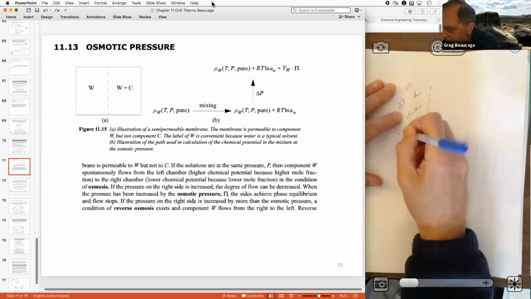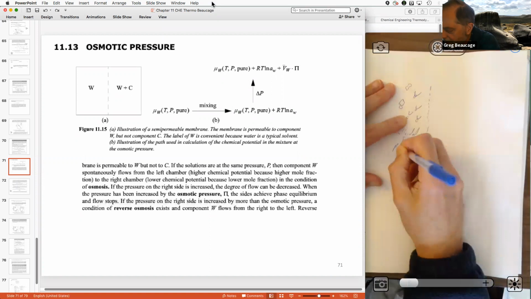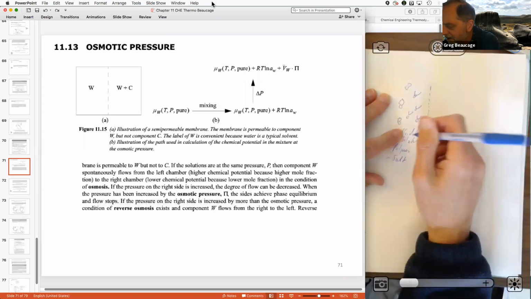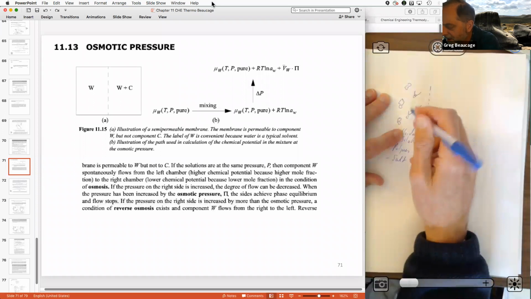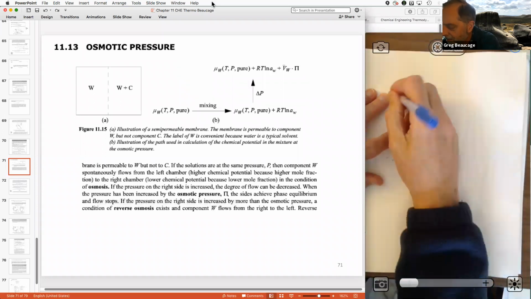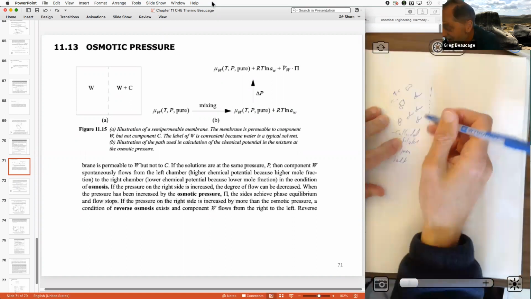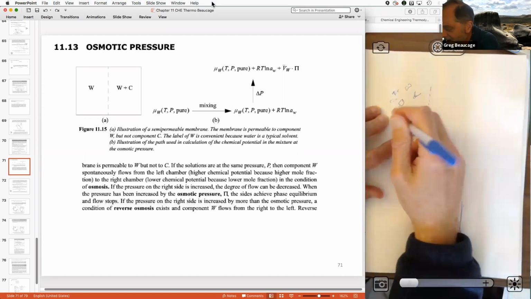It's a colloidal solution, or it could be a polymer, or it could be a salt. You can have a membrane that won't allow charged species through, so your salt ions like NaCl could be stuck on one side. So whatever those things are, it doesn't matter. You just call them a thing.